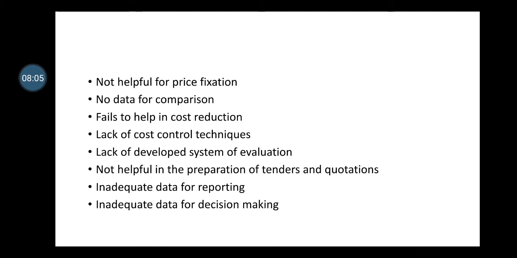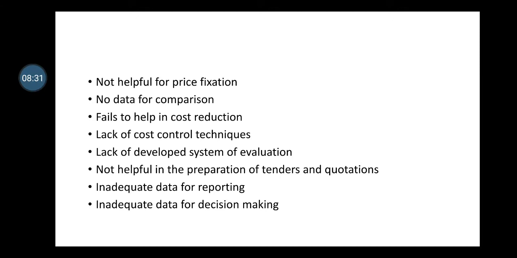There is no proper system of evaluation. It is not possible to compare or find out the efficiency, and there is no system of setting up standards and comparing with the standards, which means that we are not in a position to evaluate the results and improve our performance. Financial accounting is not helpful in preparing tenders and quotations, that is, estimated price.